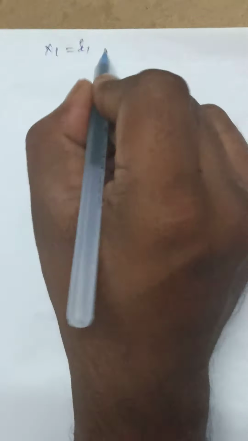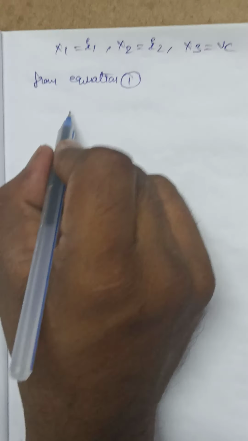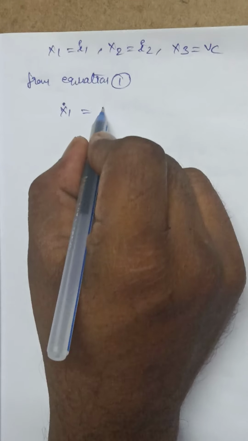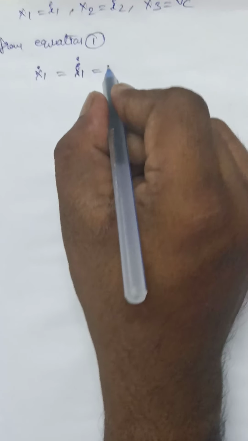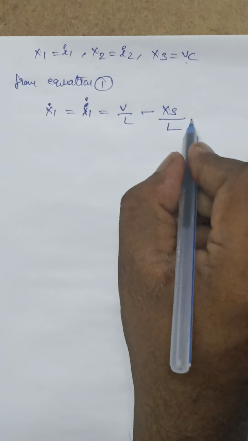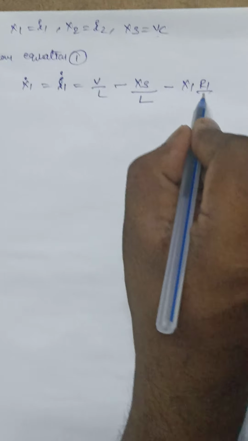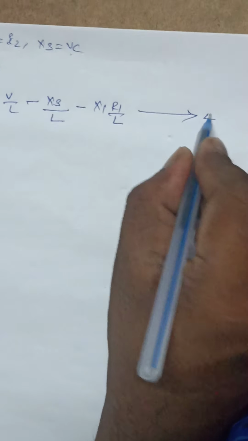Now from equation 1, I1 dot, that is x1 dot, is equal to V by L, where V by L is constant, minus Vc, which is x3, divided by L, minus I1, which is x1, into R1 by L. Let us call this equation number 4.